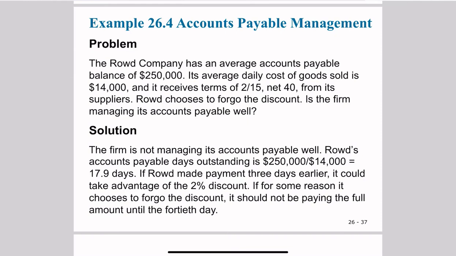As I said, you will want to calculate accounts payable days, which is, according to this basic accounting formula, we should use accounts payable as the numerator, and we will use the daily COGS as the denominator.